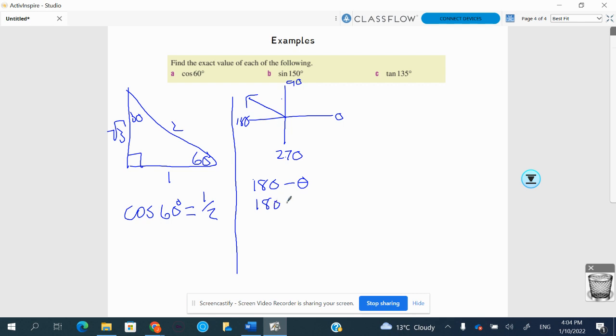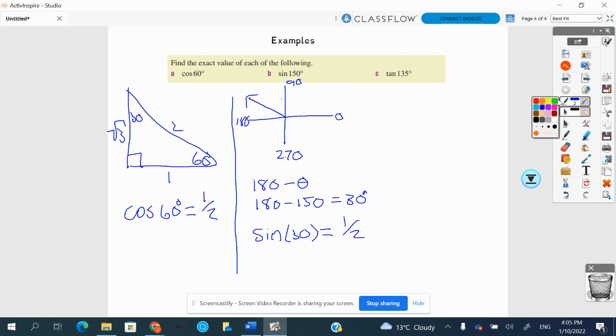So 180 minus 150 will give us 30 degrees. And we can find, using this, that the sine of 30 is 1/2. That's the exact value here.